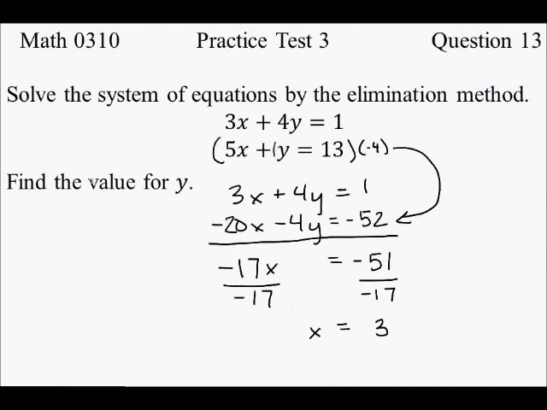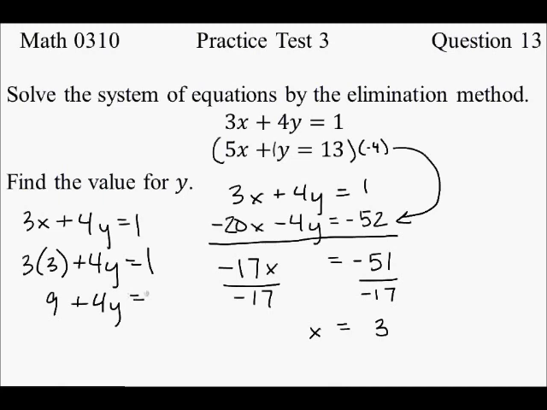And now I'll go back and find my y. So 3x plus 4y equals 1. We know that x is 3, so 3x becomes 3 times 3, plus 4y equals 1. 3 times 3 is 9, so 9 plus 4y equals 1. Then we subtract 9 from both sides.